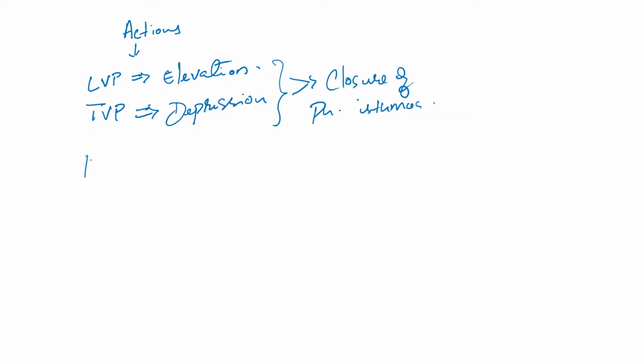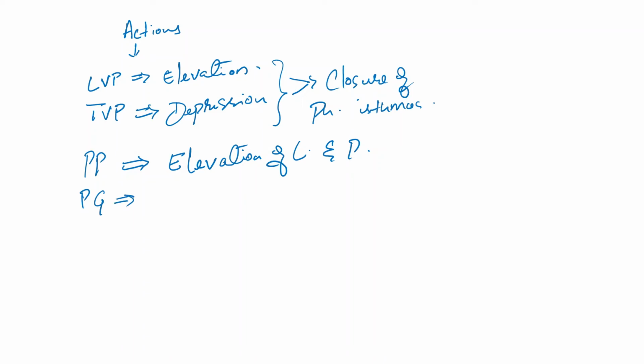Next is the palatopharyngeus muscle. As it is also a muscle of the pharynx, the palatopharyngeus is involved in the elevation of the larynx and the pharynx. So the contraction of this muscle brings about elevation of the larynx and the pharynx. Next is the muscle reaching the tongue, the palatoglossus.